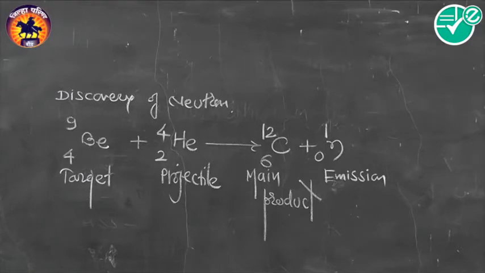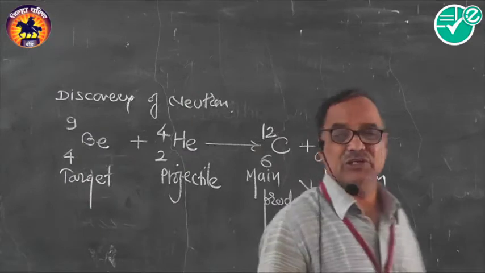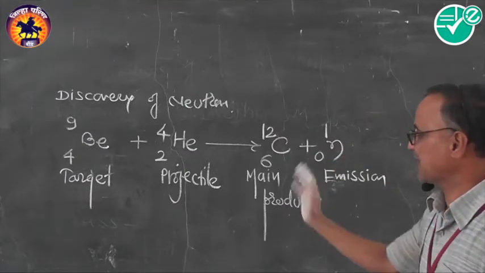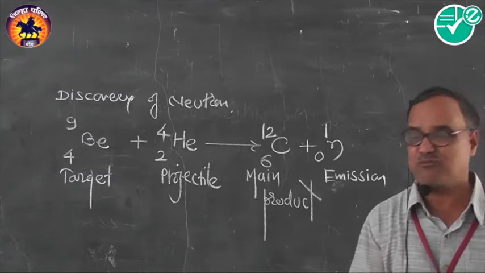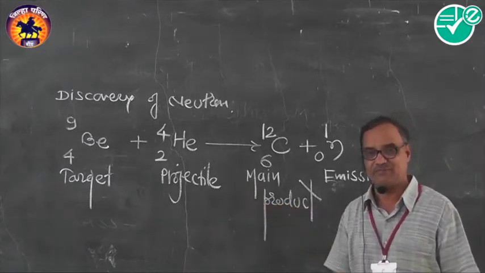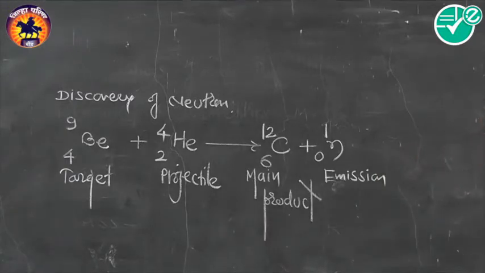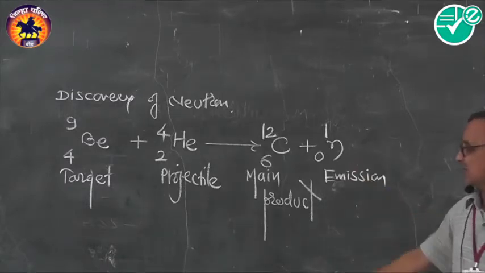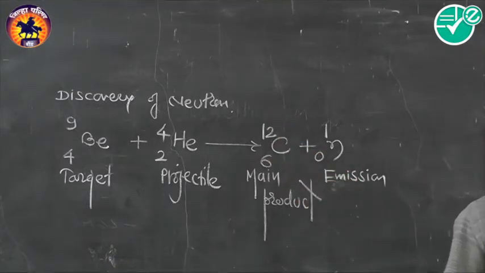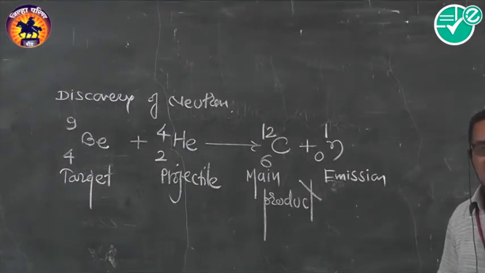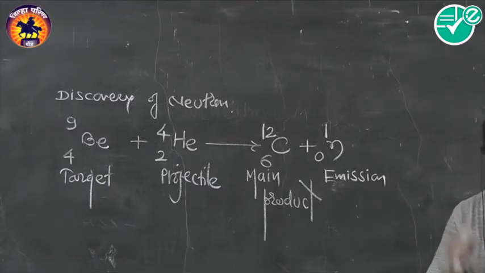Whenever the nucleus of beryllium in the form of target is hammered with the help of a fast moving projectile like an alpha particle, then the main product is obtained, that is called carbon 6C12, the main product in the form of carbon, and one particle is ejected.